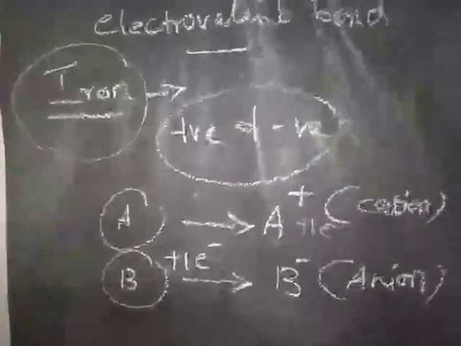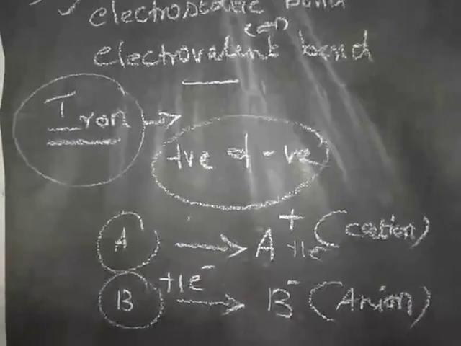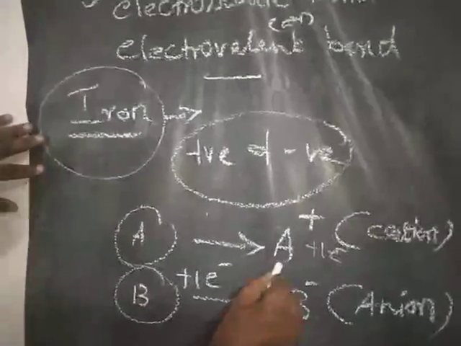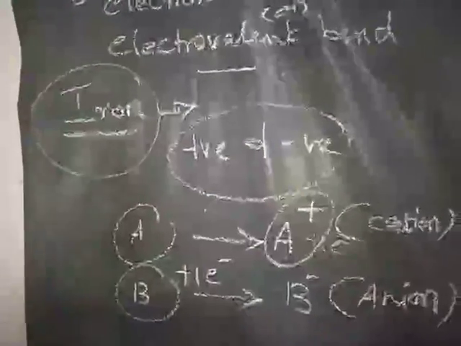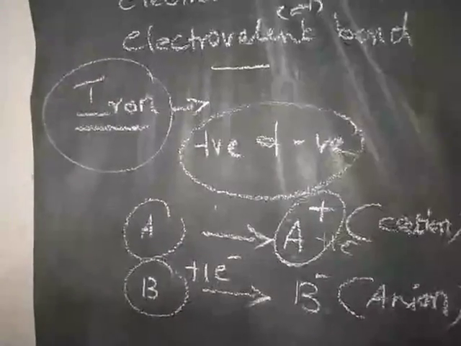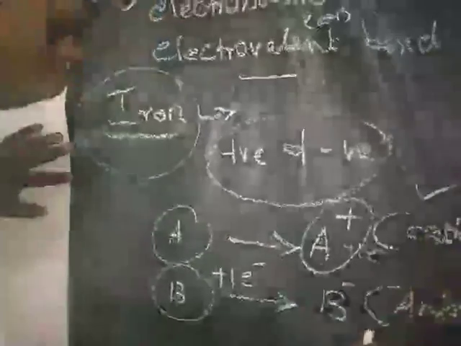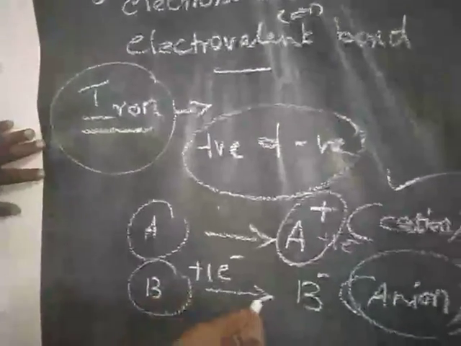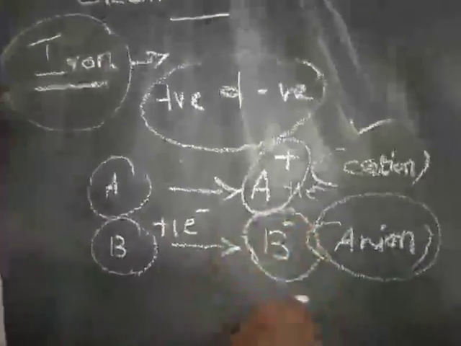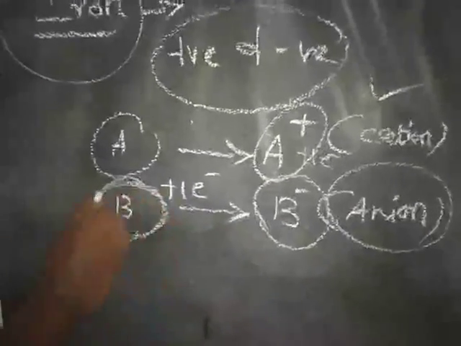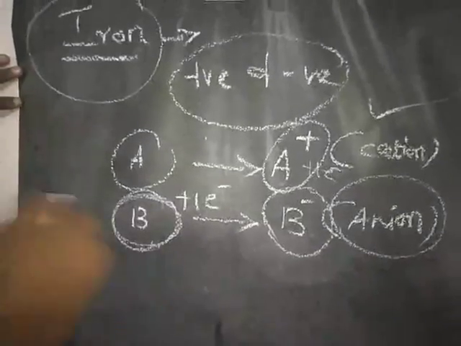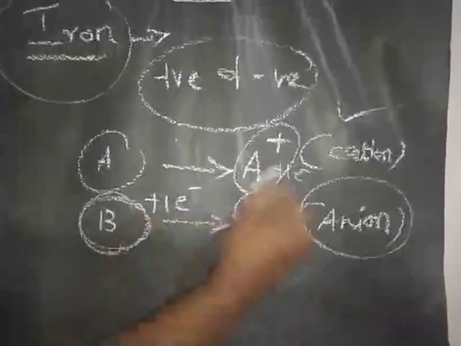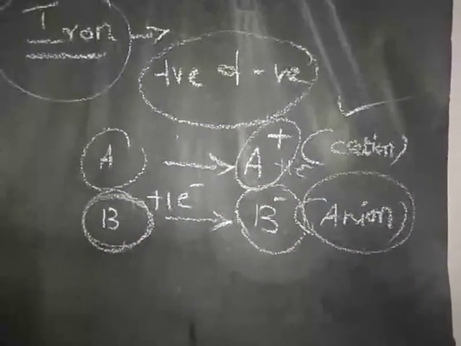Cation means when an atom loses one electron to form a positive charge. The anion forms when an atom accepts one electron; electrons are already present, it accepts one more and becomes a negative charge.